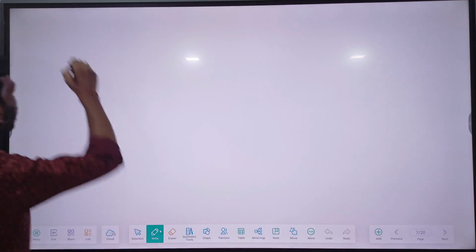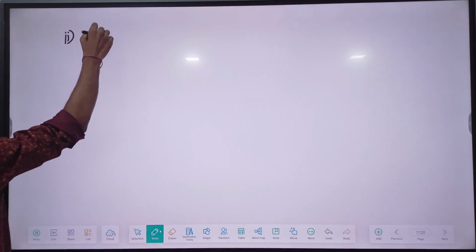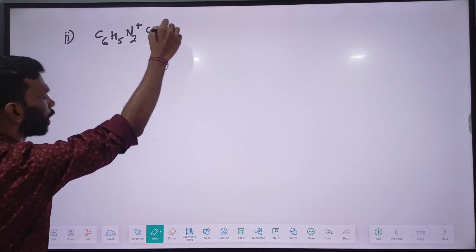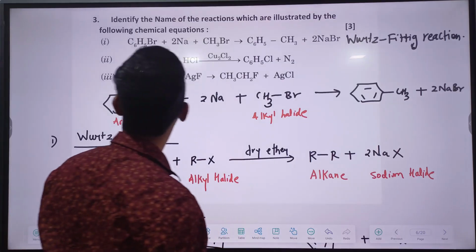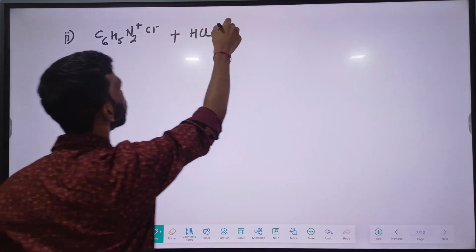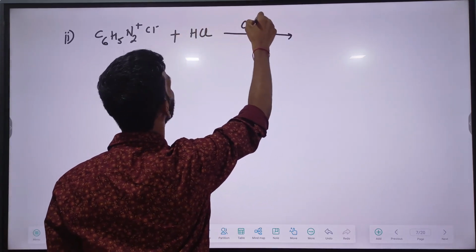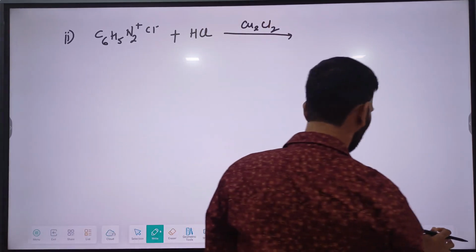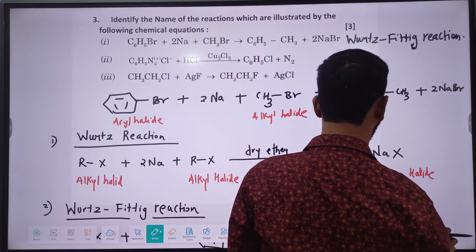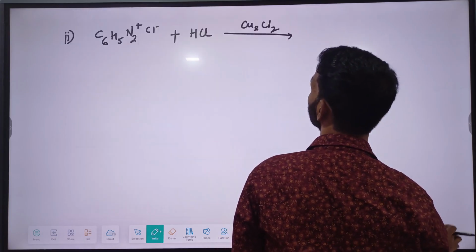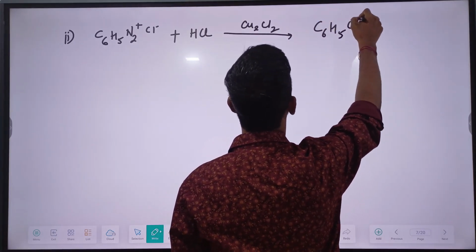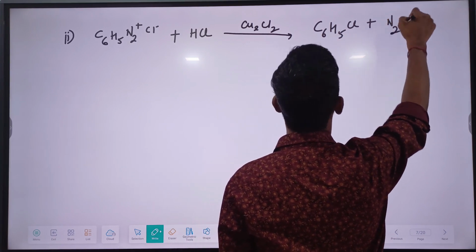This is C6H5N2+ Cl-, plus HCl, then Cu2Cl2, and you get C6H5Cl plus nitrogen gas.